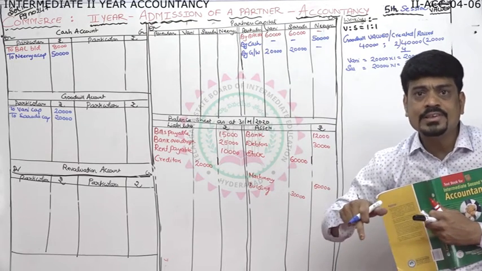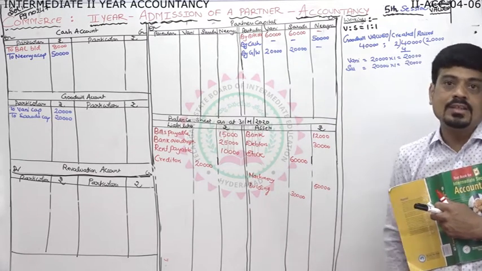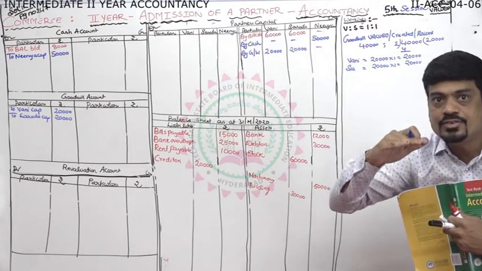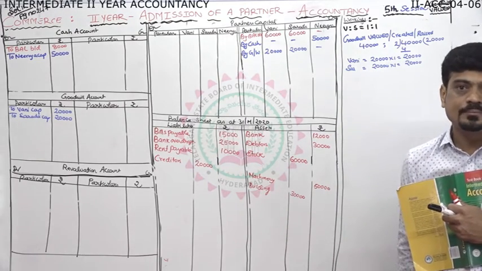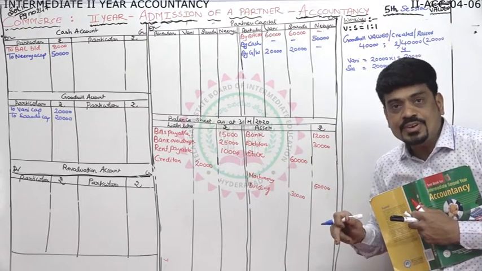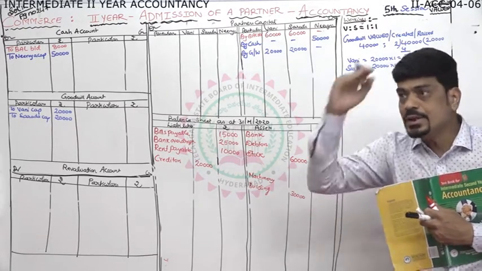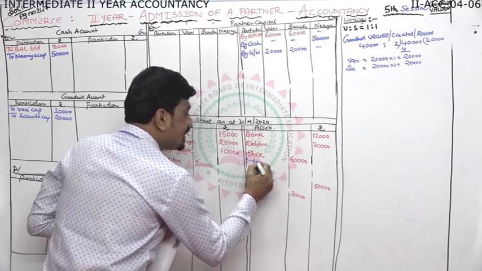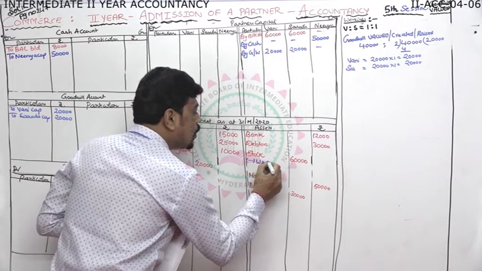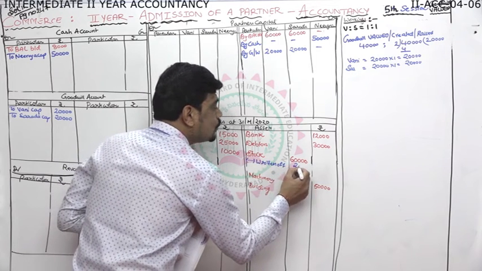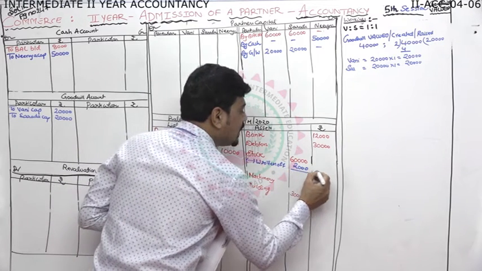And what is today's value? It is 58,000. So what happened to stock? Stock has decreased by 2,000. So reduced by 2,000. So stock, I told you already, we'll write the word written off. Written off 2,000.